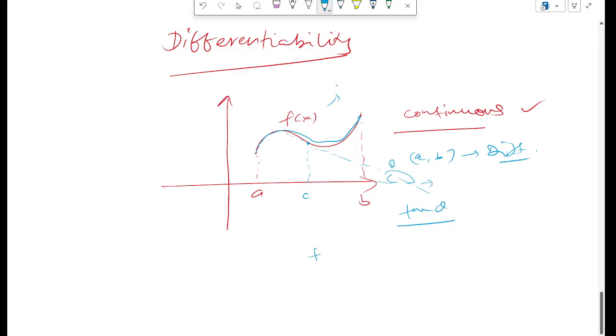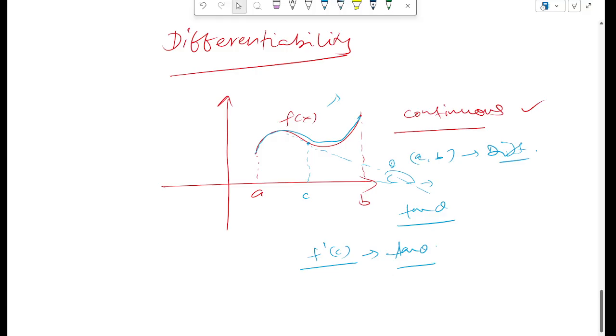When I say f dash c, I'm just talking about the tan theta of this tangent. So whether this slope exists at any point or not, that's the only thing we check in differentiability of a graph. If the slope exists, that means the derivative exists at point C, then we say that this function is differentiable at x equal to C. There is nothing else about differentiability.